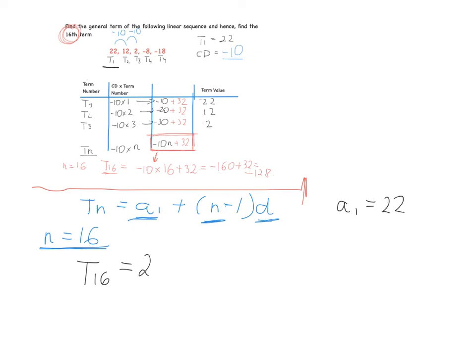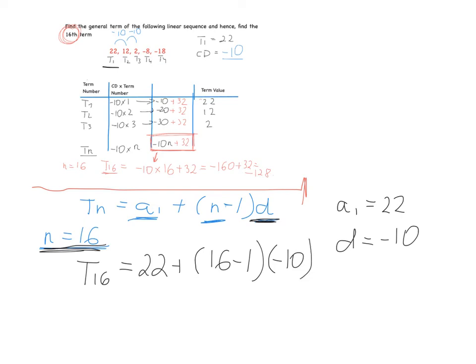Okay? Then we have plus, then a bracket, then what's in the bracket? In the bracket it's n minus 1, and n is 16 as you can see in here. So 16 minus 1, and multiplied by d. What's d? d is the common difference, and the common difference is minus 10. So d is minus 10 in this case, okay? So you need to multiply it by minus 10.